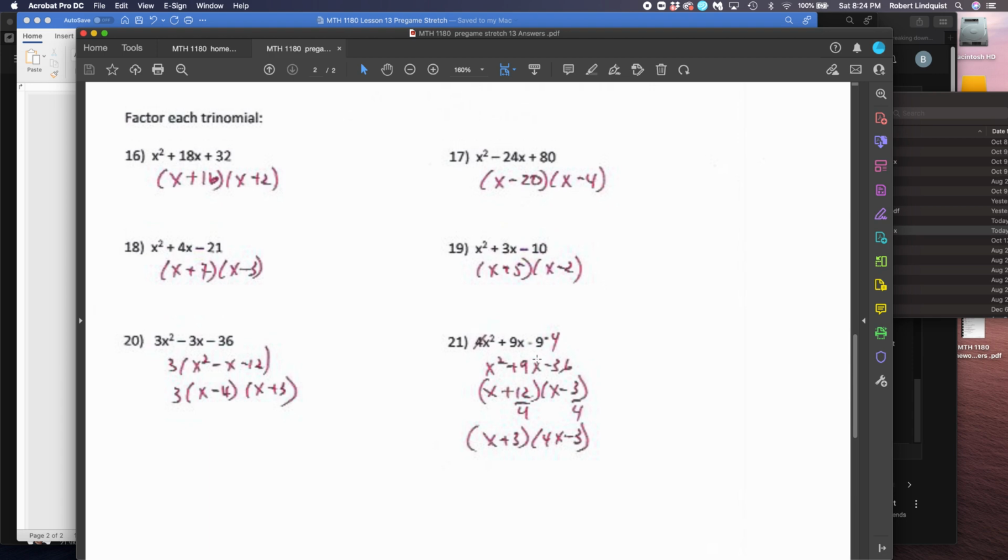I do want to take a second. You pause the video here, you read through them all, but I do want to take a moment to talk about number 20 compared to 21 and compared to 19.